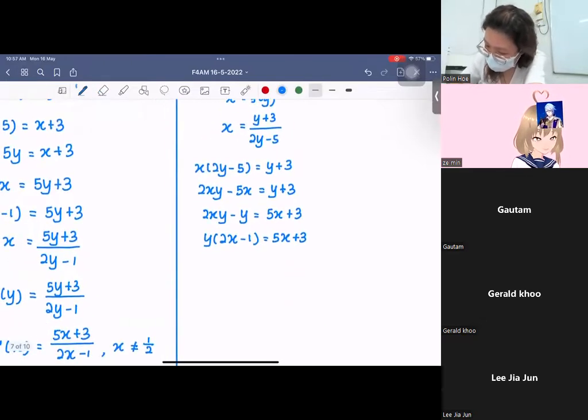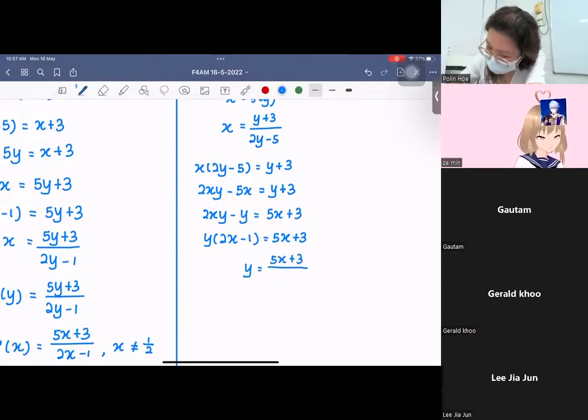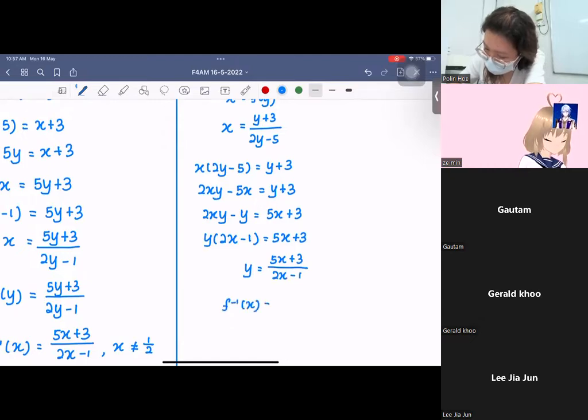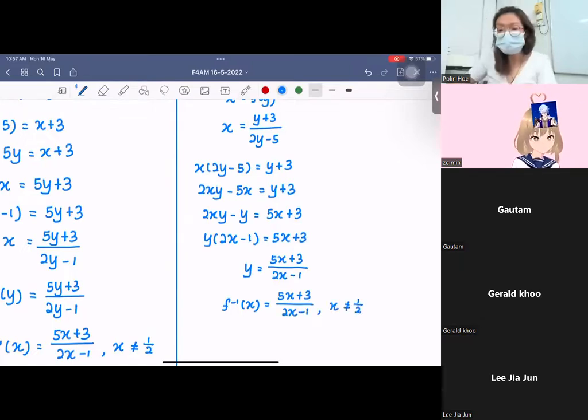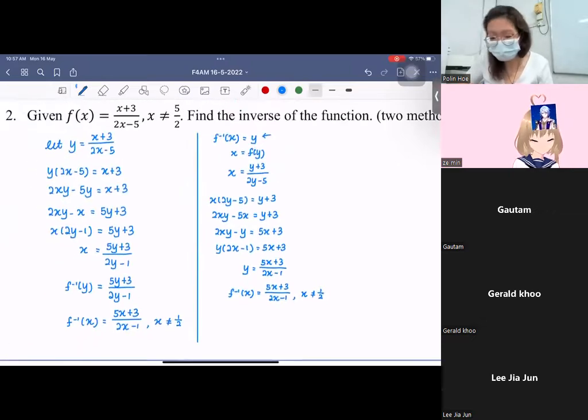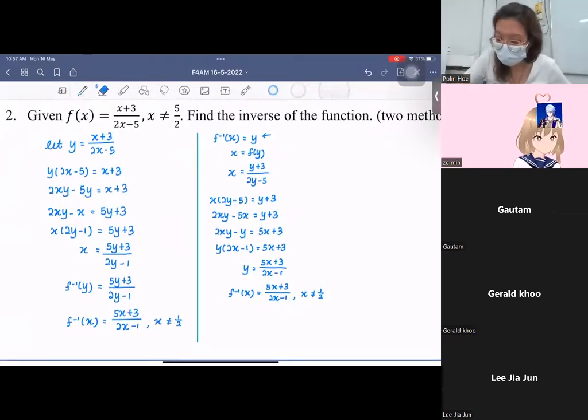And you see, the answer will be the same. This is the inverse function of x. First method or second method, it doesn't matter, because you can get the answer with either method.